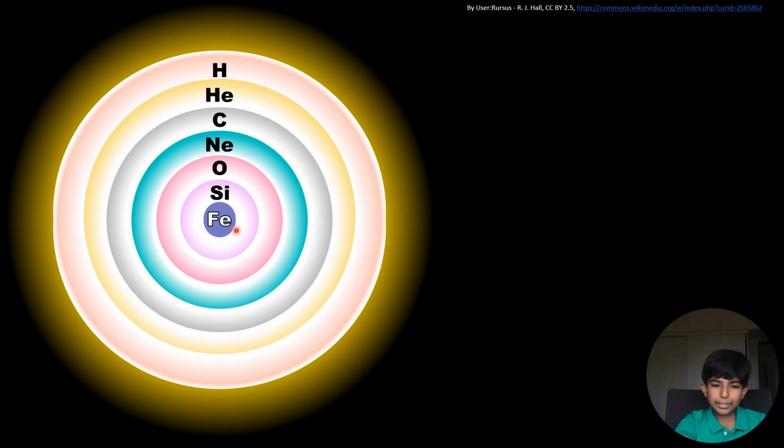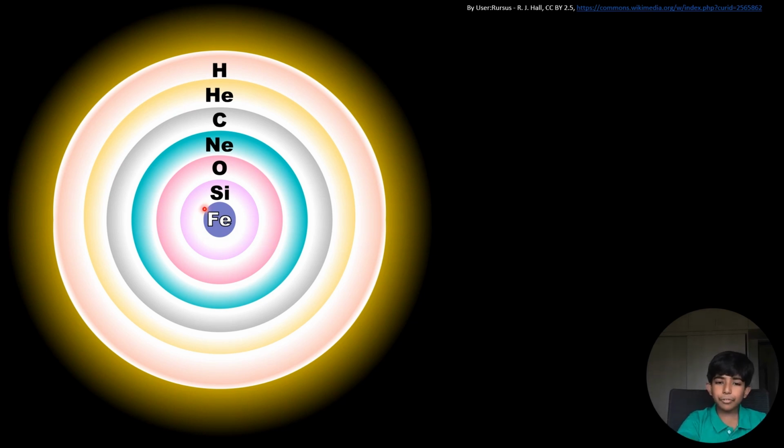And by the core, I specifically mean the iron core. The iron core, if it has a mass lower than 2.8 solar masses, will become a neutron star, otherwise it will become a black hole.